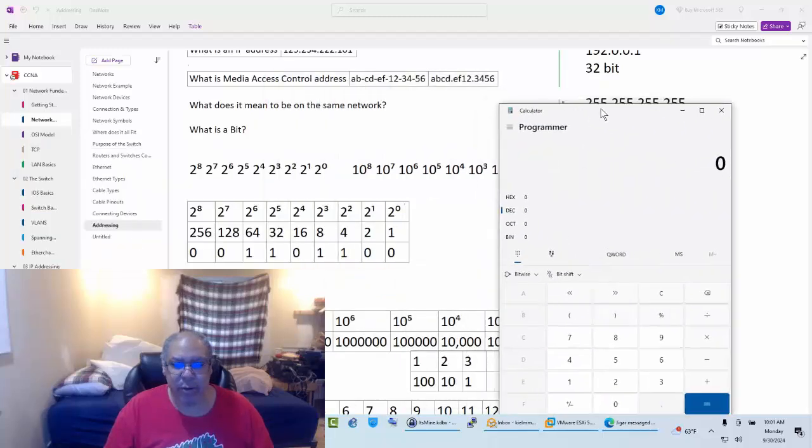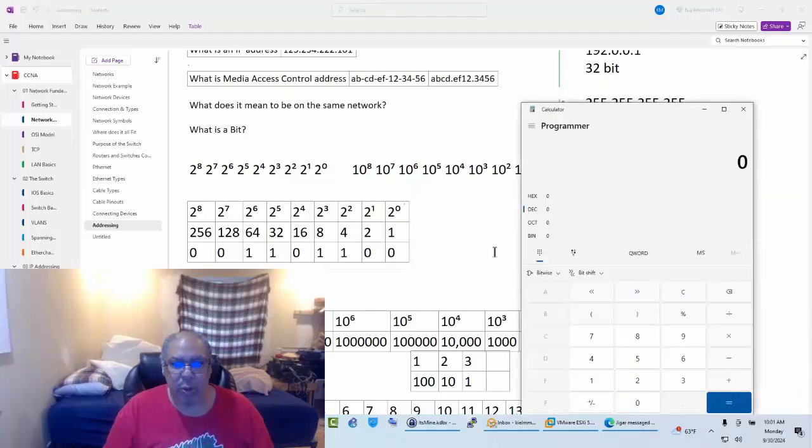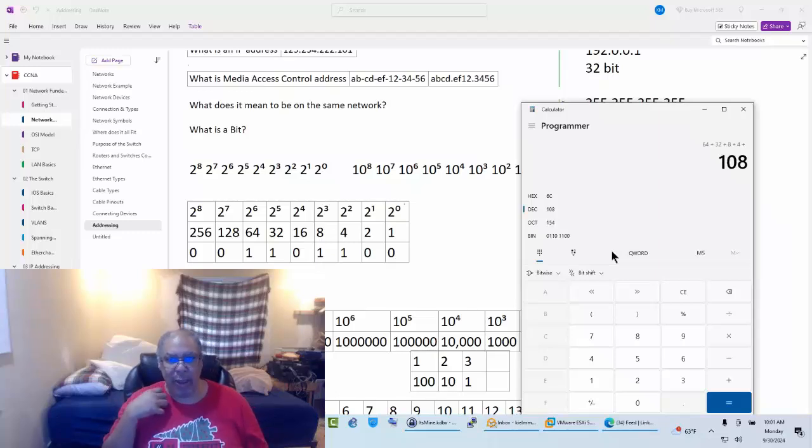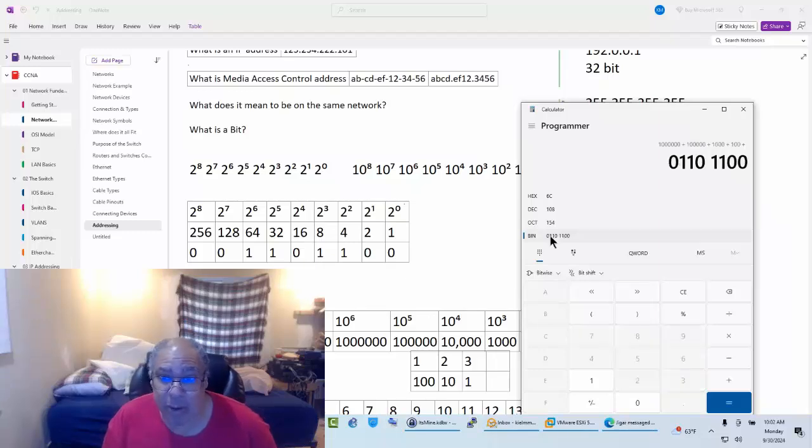Calculator, let's move you over here. So we're going to take 64 plus 32 plus 8 plus 4, 108. Okay, so now we're going to take that 108 decimal and we're just going to hit that binary, which apparently already puts it there, which I've never noticed before. So 0, 1, 1. The reason why it doesn't have 0, 0, just pay attention.